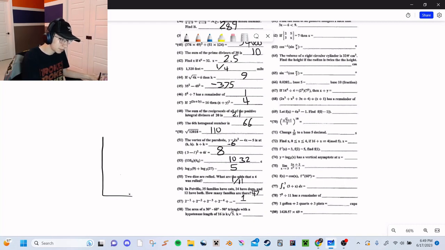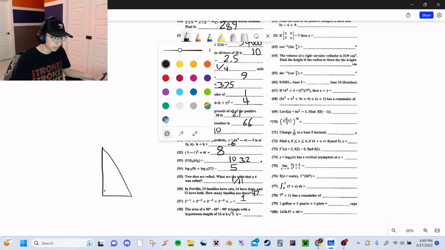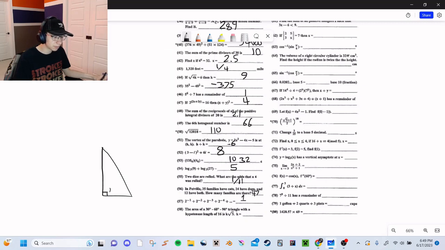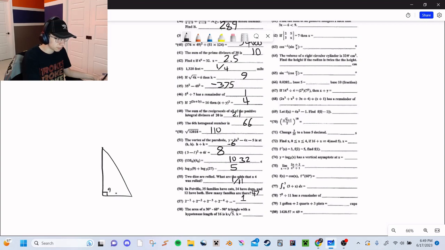That's about as good as it's going to get. So, here, we have a right angle. That's our 90-degree angle. We have our 60-degree angle and our 30-degree angle.